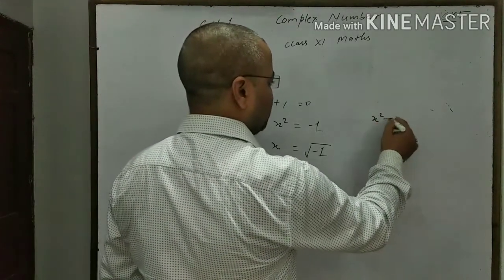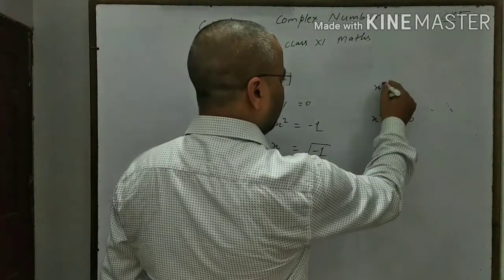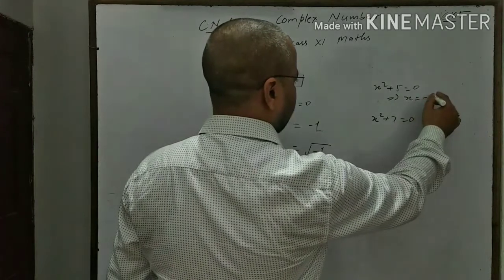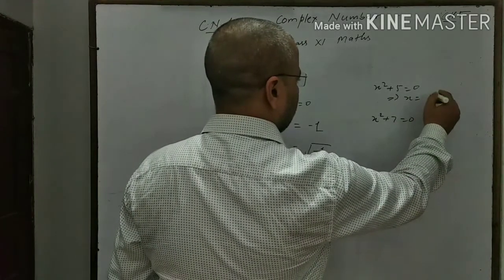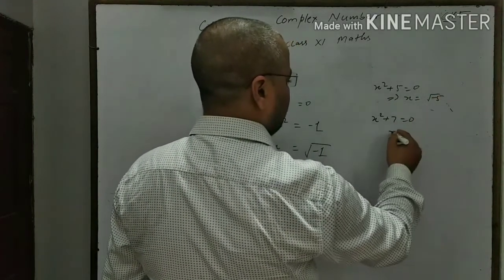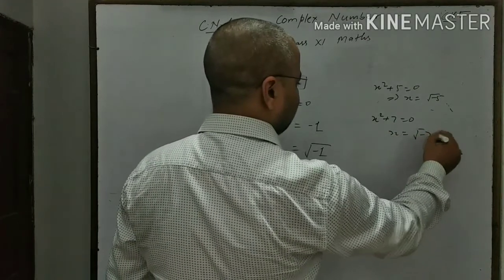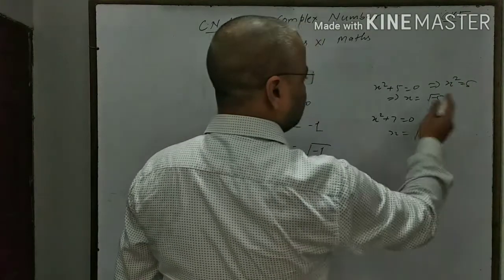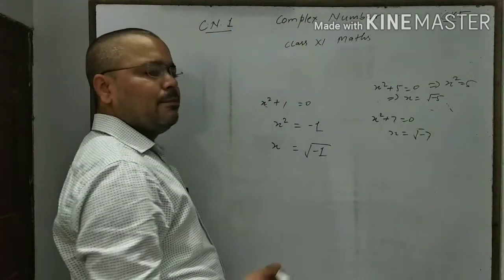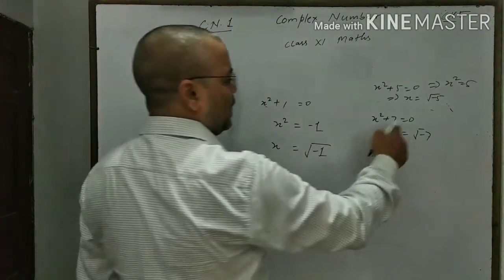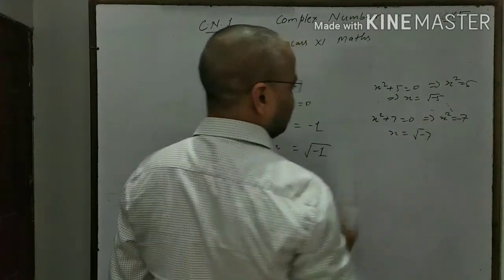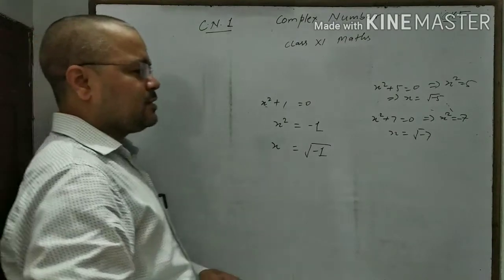Here x square plus 5 is equal to 0, which implies x square is equal to -5, then x is equal to under root -5. And x square plus 7 is equal to 0, so x square is equal to -7, then x is equal to under root -7.